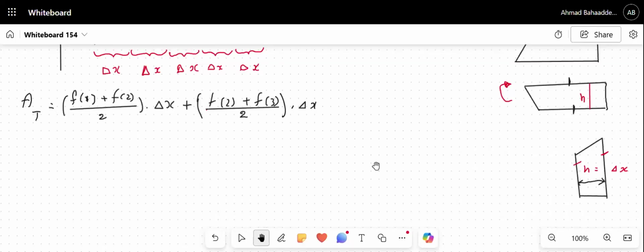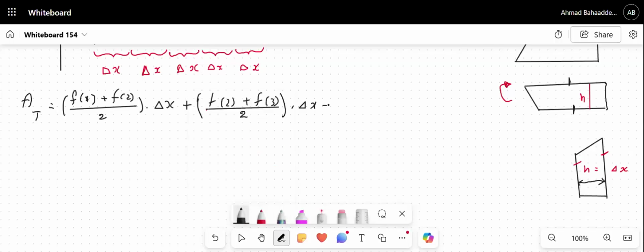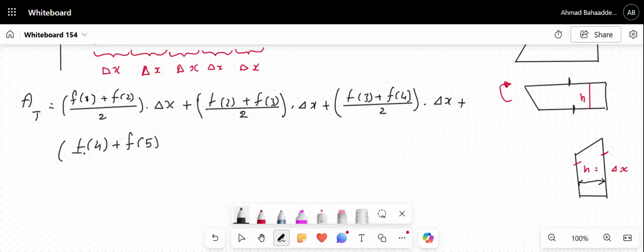The third area, I will simplify that because I want to write it down and get to the law. Plus, again, f of 3 plus f of 4 divided by 2 multiplied by delta x. Then plus f of 4 plus f of 5 divided by 2 multiplied by delta x.